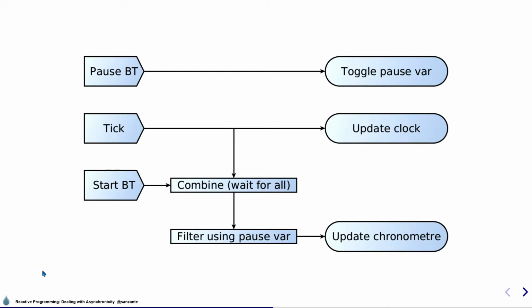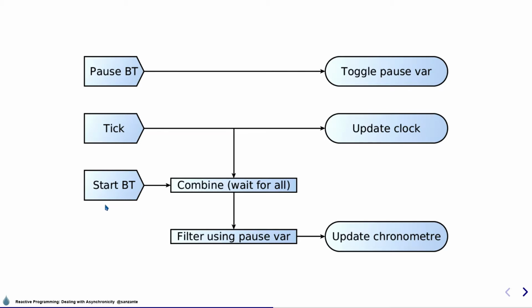Okay, we have the pause button that emits values when you pause it, and the reaction to that change is just to toggle an internal pause flag. Then we have the tick. It's like setInterval, emitting a value each second that reacts to this change, updating the clock that starts counting when we load the page.